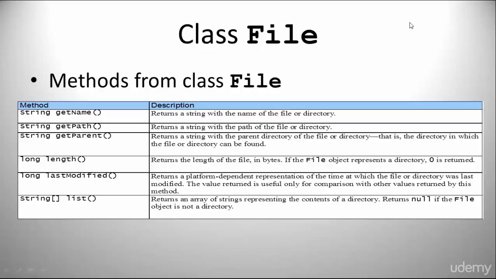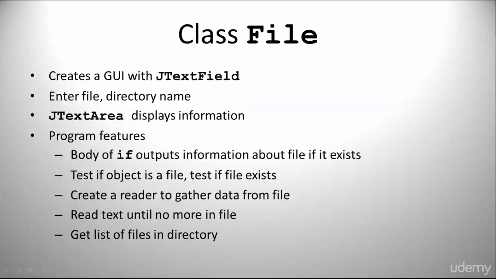String list returns an array of strings representing the contents of a directory. It returns null if the File object is not a directory. With class File, it creates a GUI with a JTextField. You enter a file and directory name.